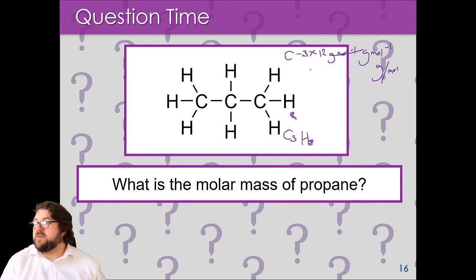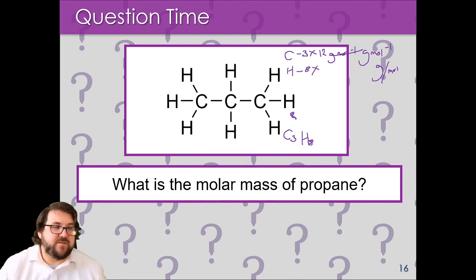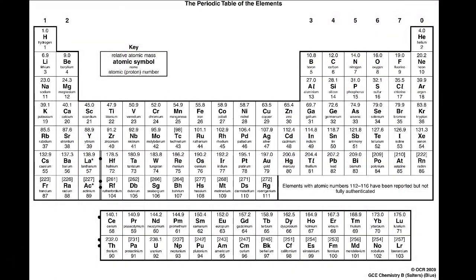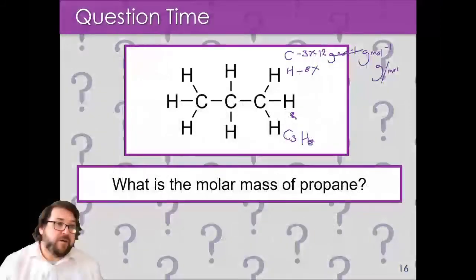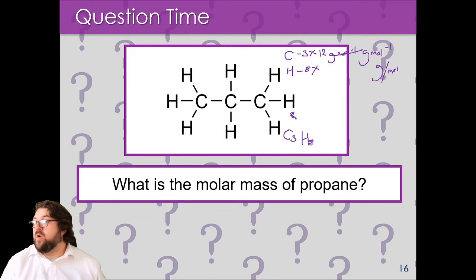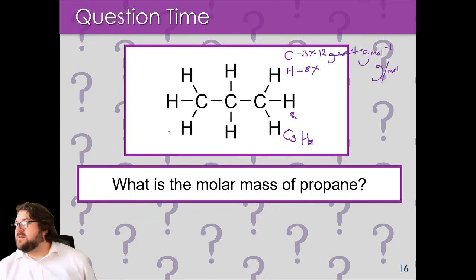Okay, so our carbons are going to weigh 3 times 12. Our hydrogens, I've got 8 of them. And what is the mass of hydrogen? Again, I'm popping to the periodic table. There it is in the 1s1 position. It's got a mass number of 1. So 8 lots of 1 gram per mole.